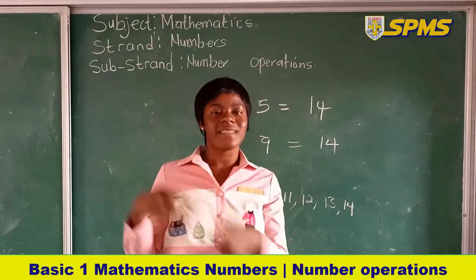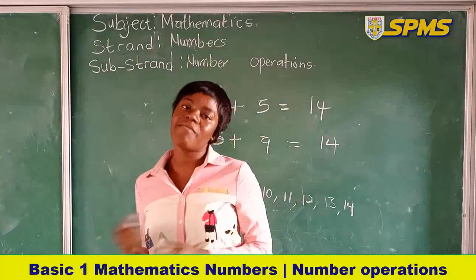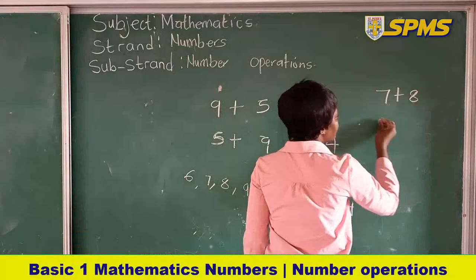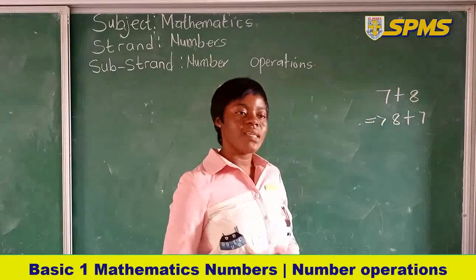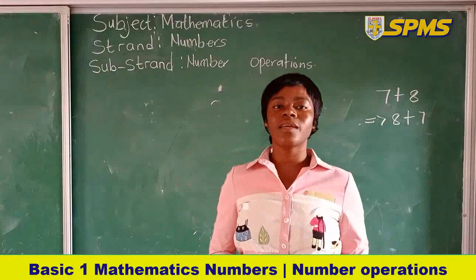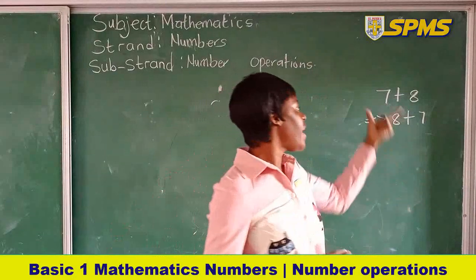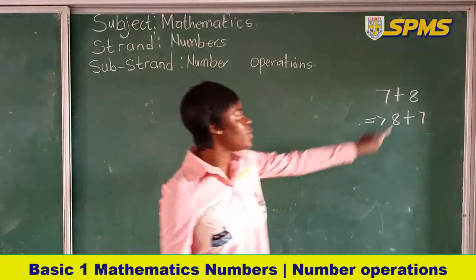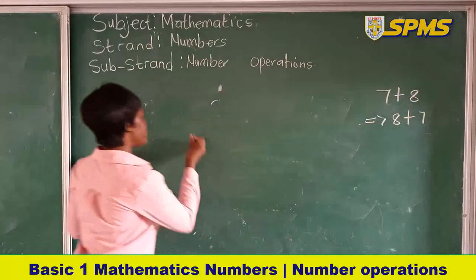So 7 plus 8 is the same as 8 plus 7. Now let's use our counting related to addition method to find the answer. We have our 7 there already. We are going for 8 places. So let's count 7.